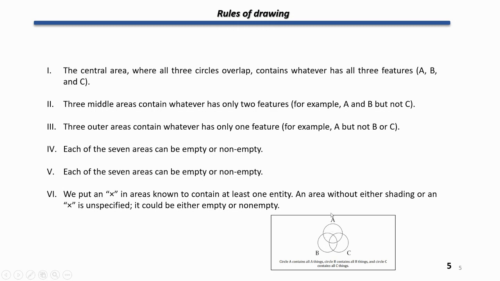A contains A elements, B contains B elements, and C contains C elements, or you can say premise A, B, and C. So the central area, this part where all the circles overlap, contains whatever has all three features. This is common to all three elements, or three premises. Second, the middle areas contain whatever has only two features, for example A and B but not C.